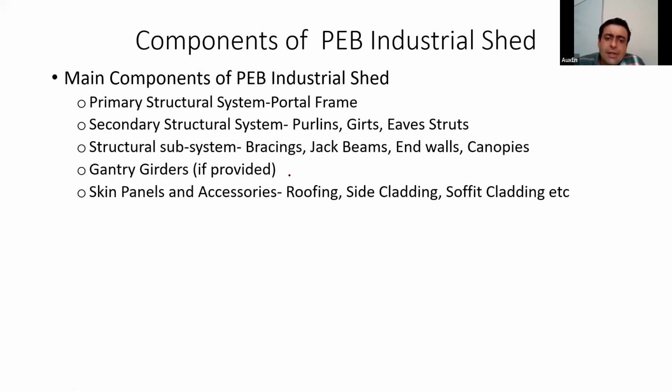As I just explained, you have to wrap up or provide clothes to your sheds. Those are called skin panels, when you provide clothing to your structure. And then there are some accessories, which we will discuss. The skin panels will be roofing panels, side claddings, soffit panels, etc. I will come to all of these.